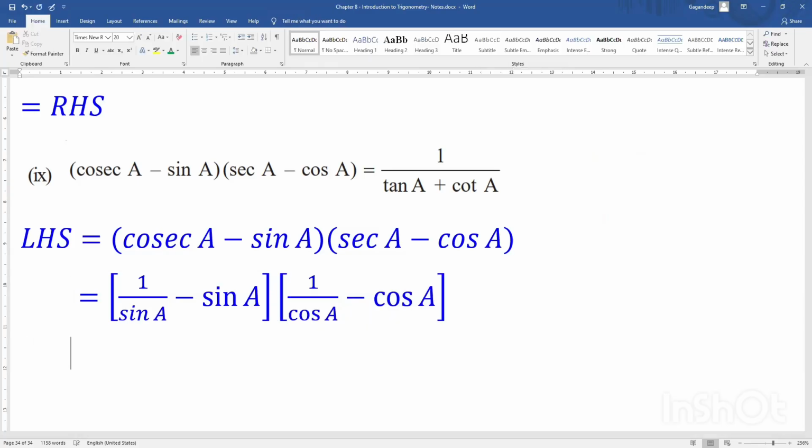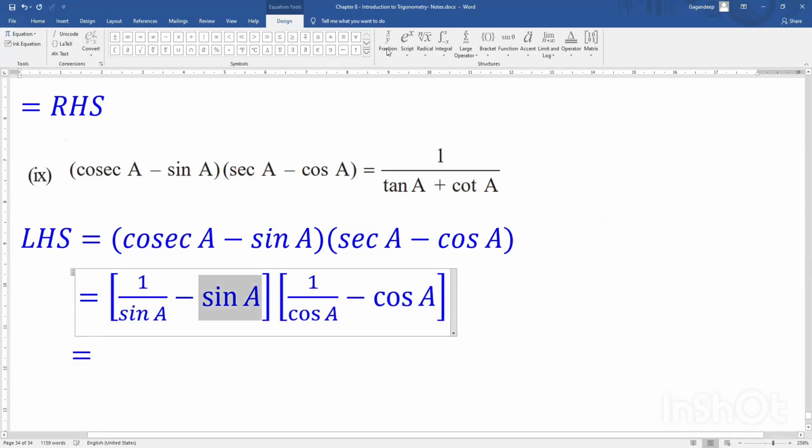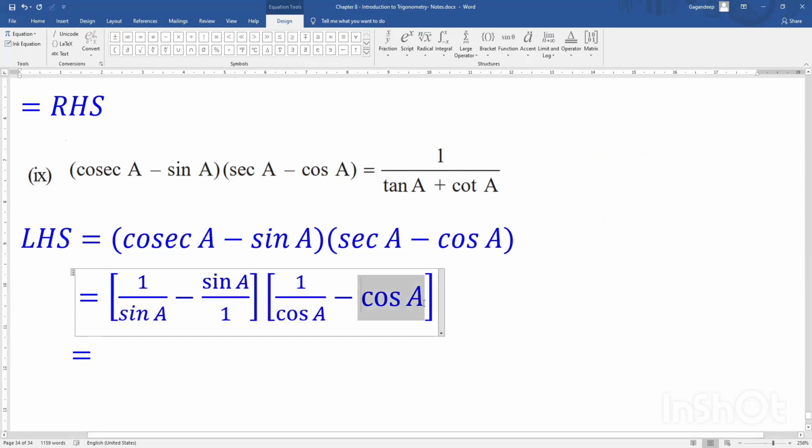Then I'm applying cross multiplication. Let me show you how. Sin A can be written as sin A by 1, and cos A also as cos A by 1.